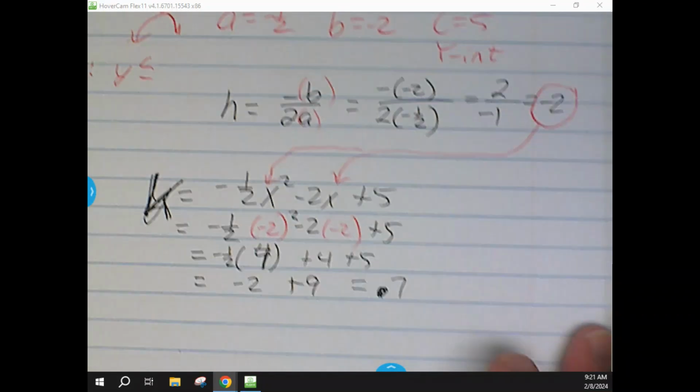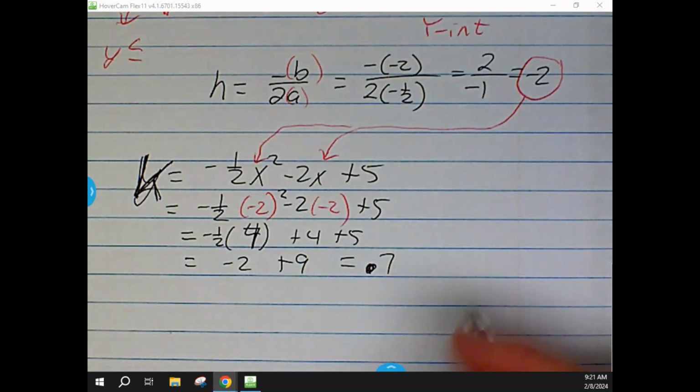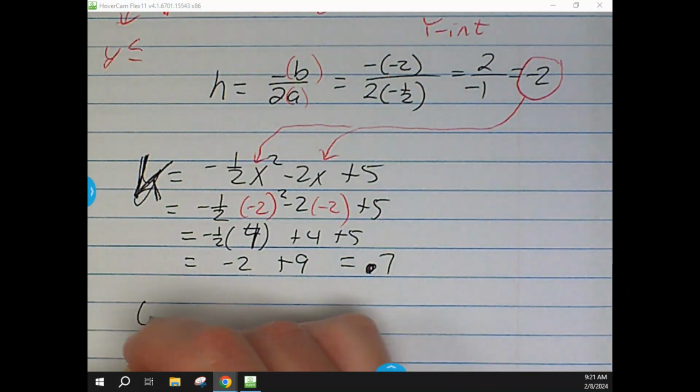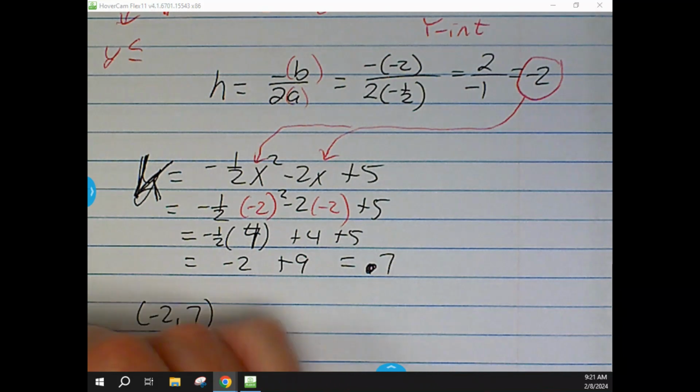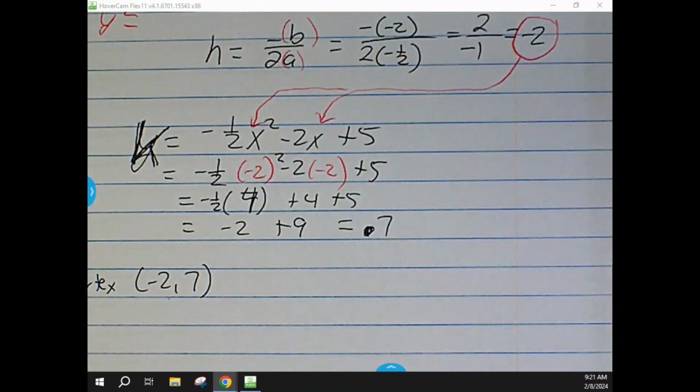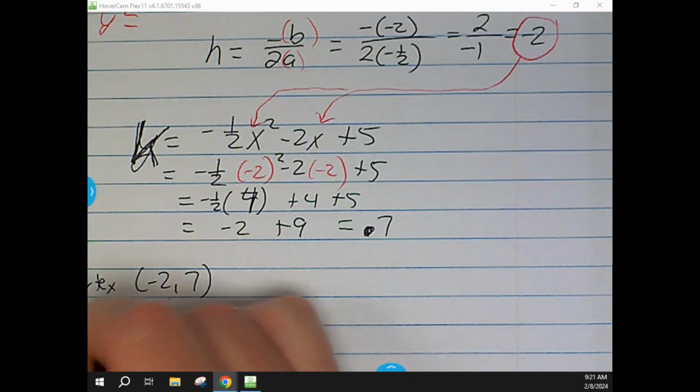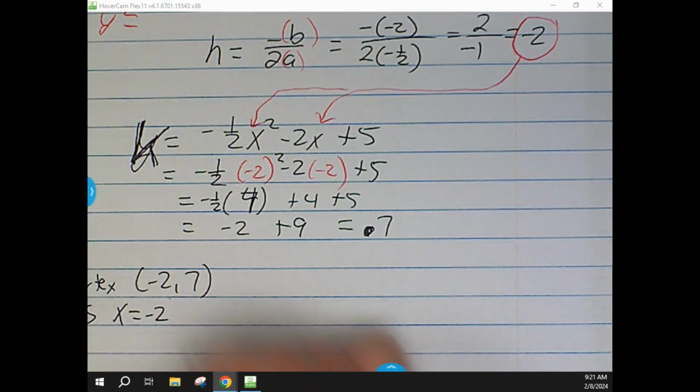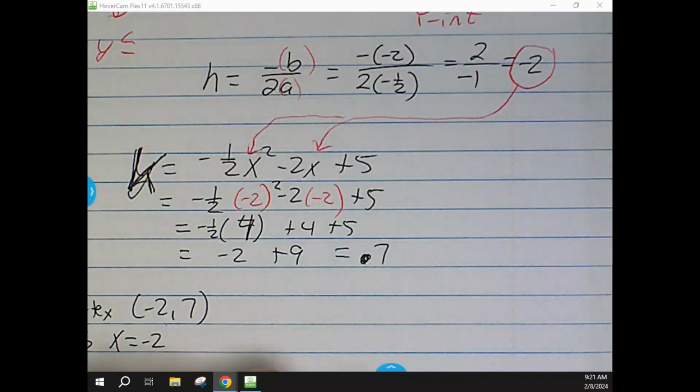Okay, so there's our vertex. It's at -2, 7. We know the axis of symmetry: x equals -2. Back up here, we said when that was a max, so the max value is 7.